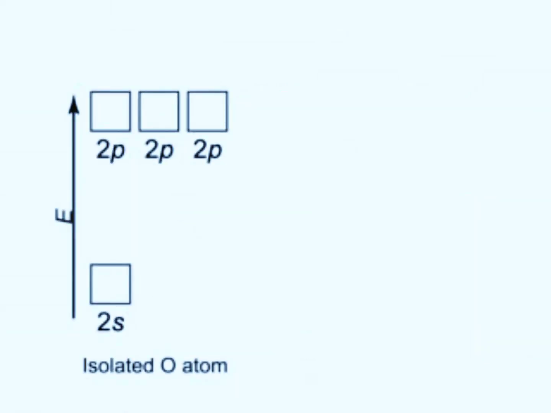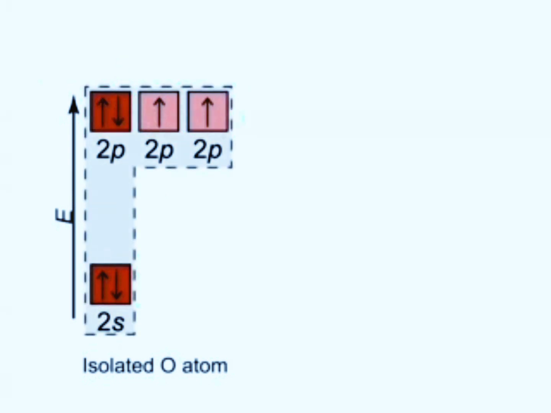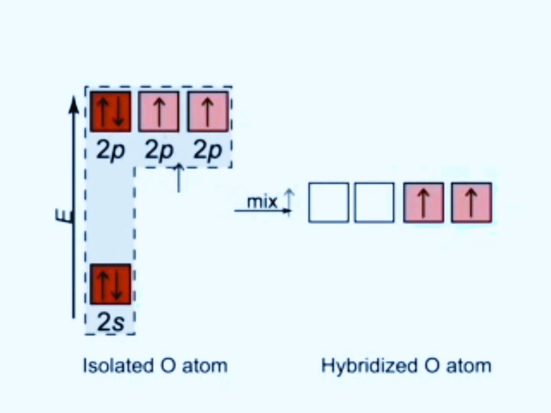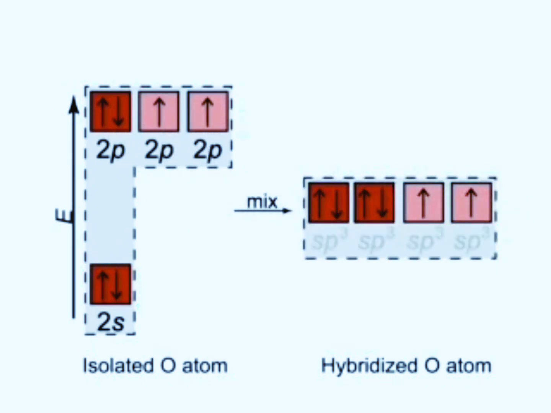In the case of water, with its V shape, the model proposes a situation similar to that for ammonia. The 2s orbital of the central O atom mixes with its 3 2p's and becomes 4 sp3 hybrids, but now 2 of the hybrid orbitals are filled with lone pairs.